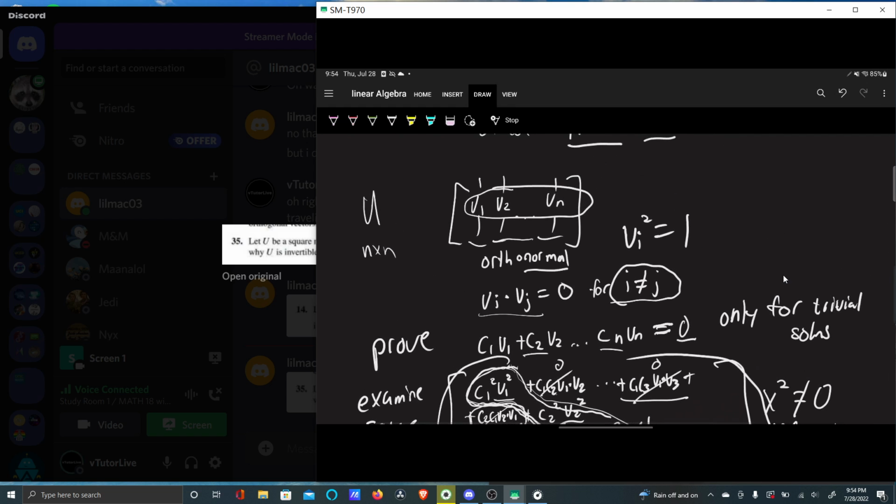Gosh, it's been so long. I feel like there should be an easier way to prove that an orthonormal basis should be linearly independent. Maybe we just quickly Google that.